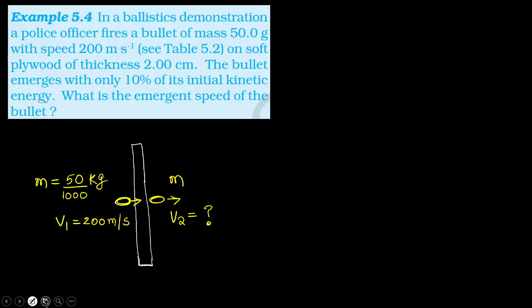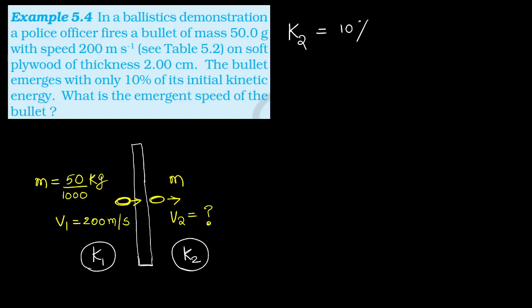So the final kinetic energy K2, the kinetic energy after emerging out of the plywood, and K1, the kinetic energy before hitting the plywood, are initial and final. The question says that final kinetic energy is equal to 10% of K1. It's mentioned in the question. Final kinetic energy is only 10% of initial kinetic energy.